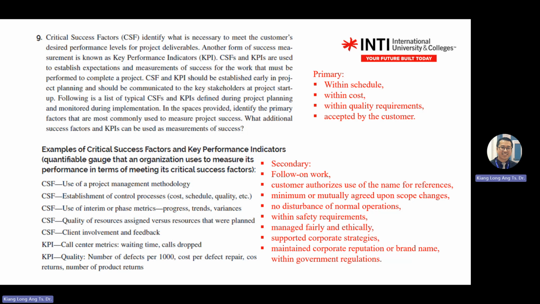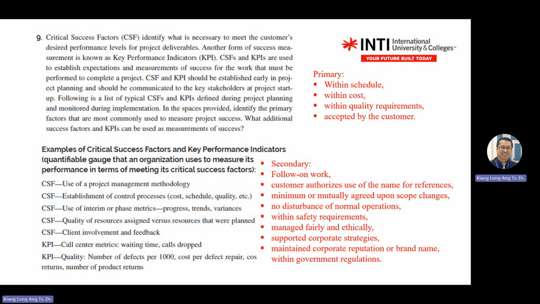I just want to stress these 2 things. You have a primary success factor and a secondary. Primary is on the external things, which is what the customer wants, linked to the triangle. The customer wants your project to work within the schedule, within the cost, within the quality requirement, and of course to be accepted by the customer.